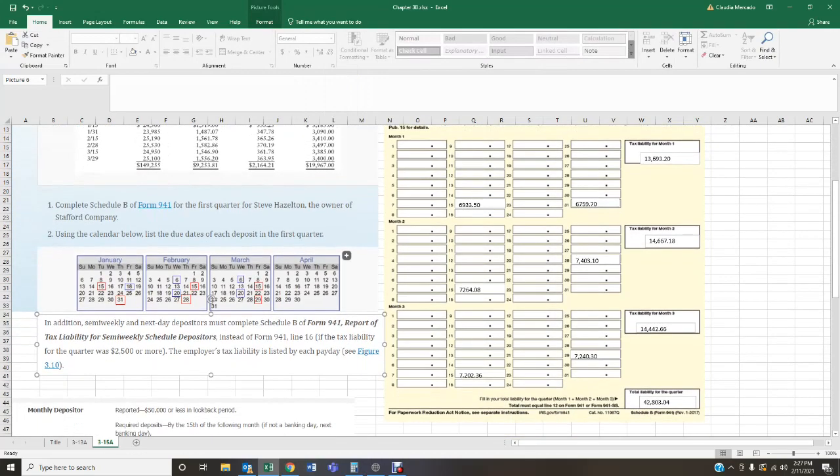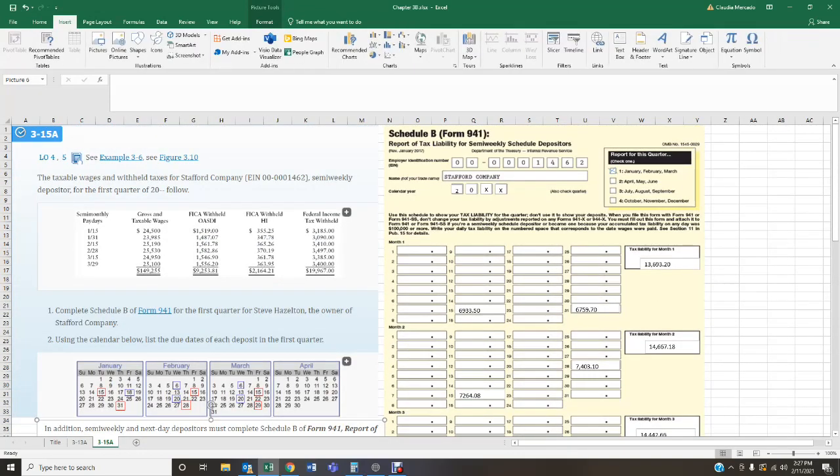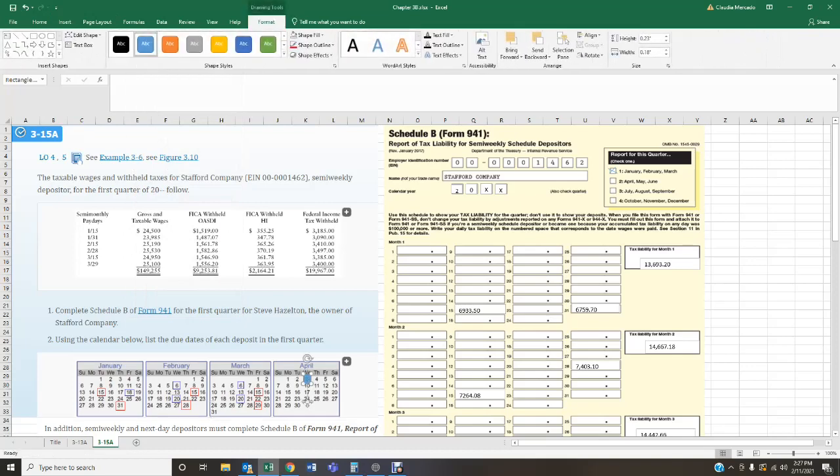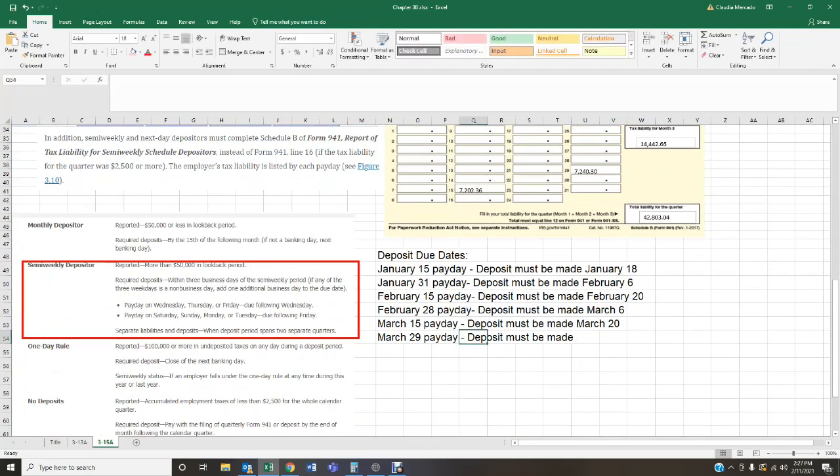So because it fell on a Friday, that means it's due the following Wednesday. The following Wednesday would be April the 3rd. So the deposit would have to be made April the 3rd.